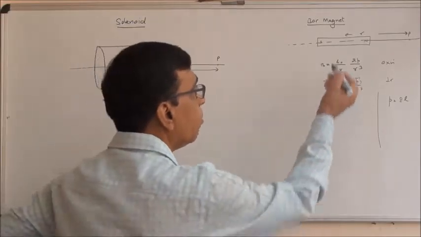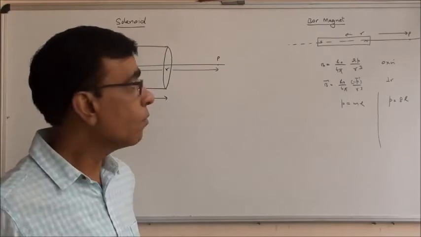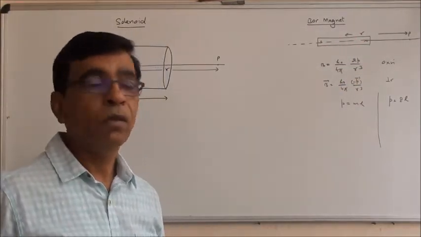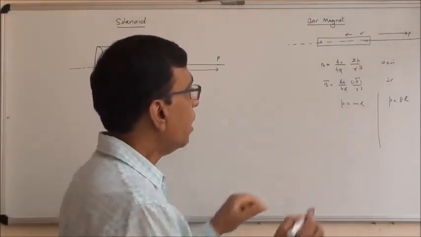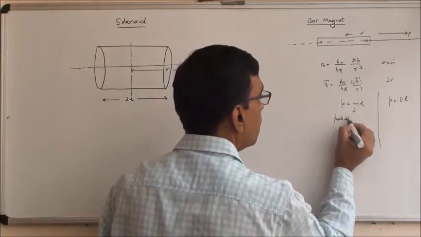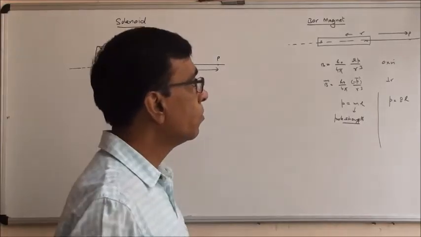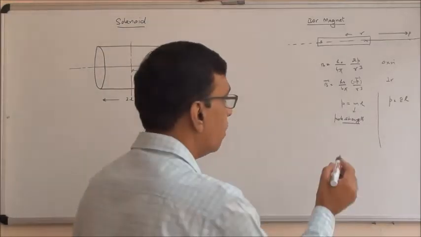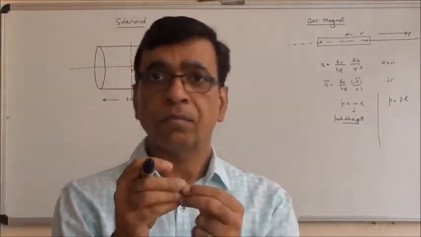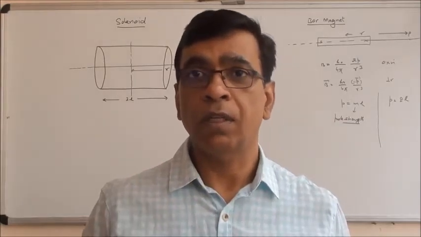Same way, the magnetic dipole moment has been taken as M into L. L is the distance between the two poles, and M we call pole strength. And whenever we find the direction of the field, we assume that there is a very small magnet at that point and then see in which direction it aligns itself.